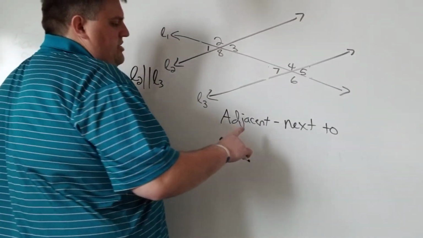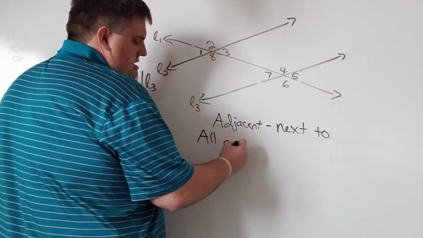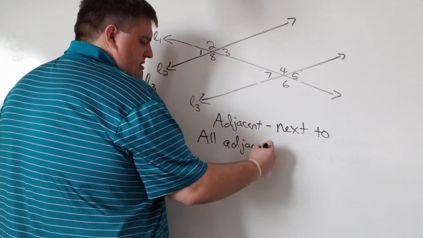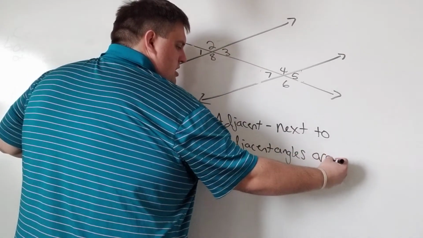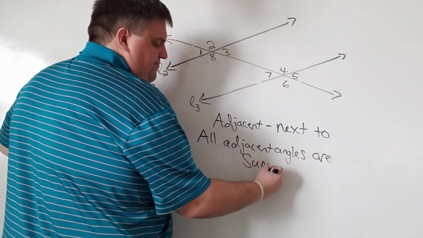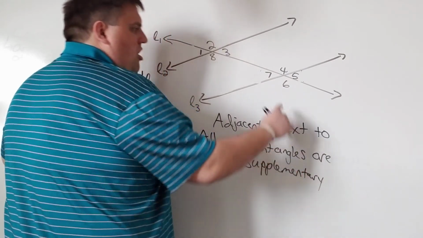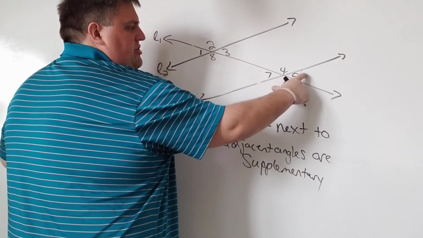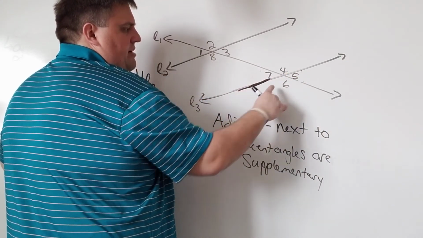So in this case, when angles are adjacent, all adjacent angles are supplementary. If you didn't notice before, all the angles that go next to each other make a straight line, which is a really cool thing that happens here, right?